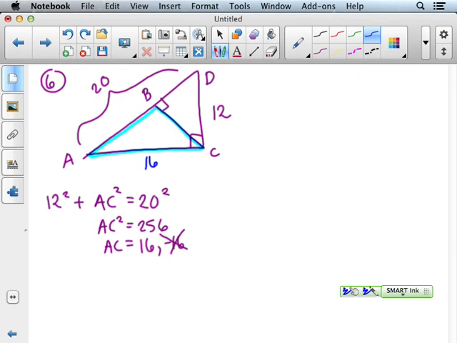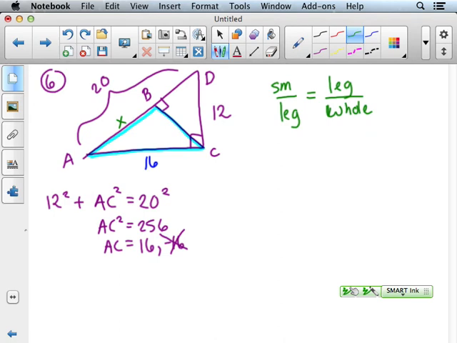So I'm going to start with AB, and let me call that x here. Okay. So 16 is a leg. Remember that our proportions go that the leg is the geometric mean of the small part of the hypotenuse and the whole.